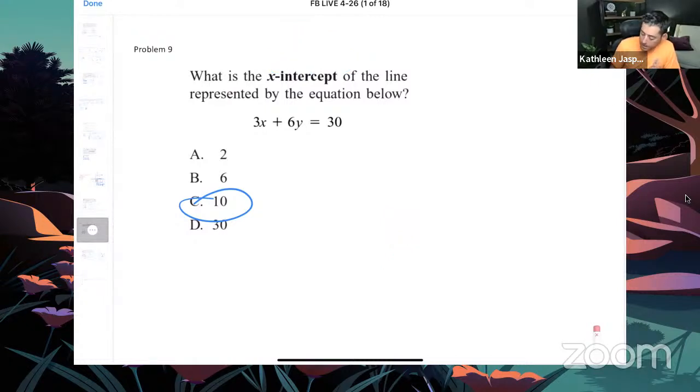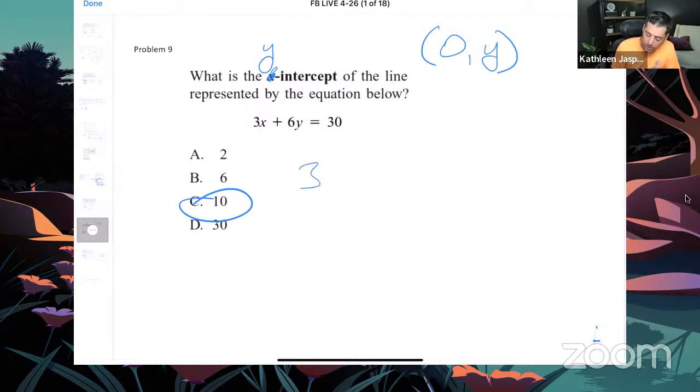So let's just pretend, for argument's sake, that this said y-intercept. And so again, your y-intercept is going to be, this time it's going to be 0 on the x, and it's going to be your y point here. And so we just input what our value is.